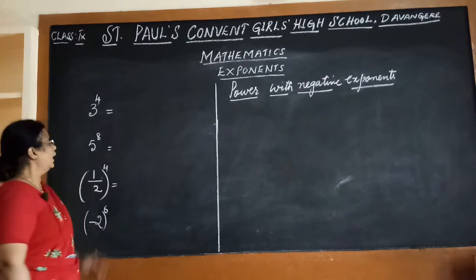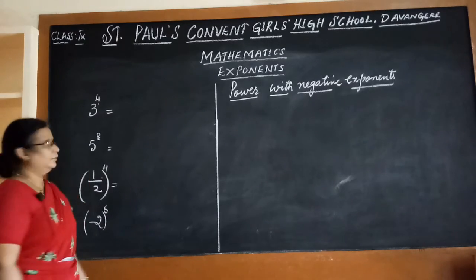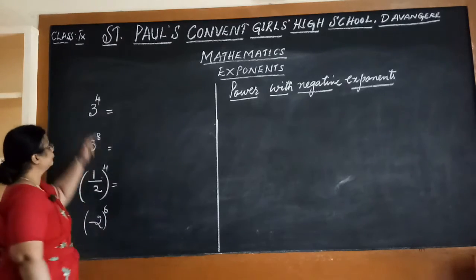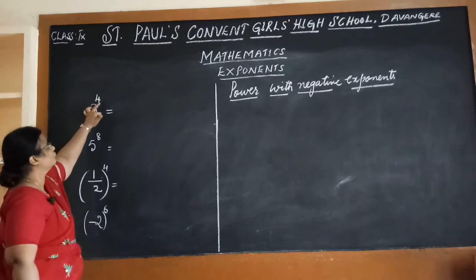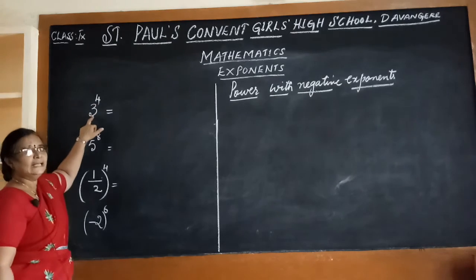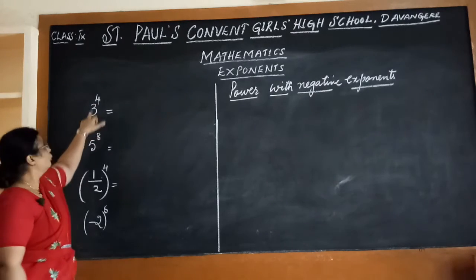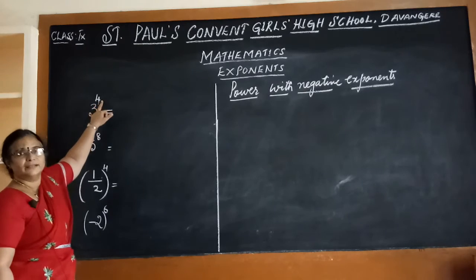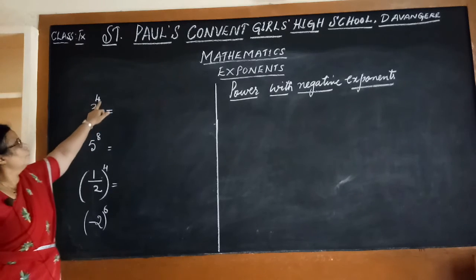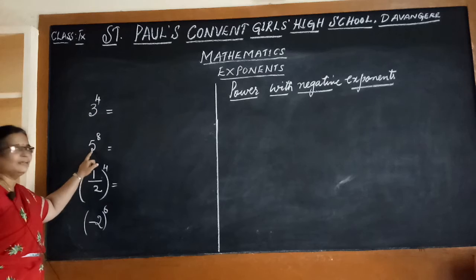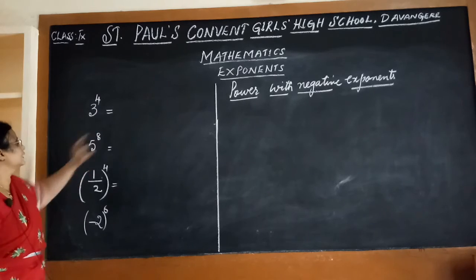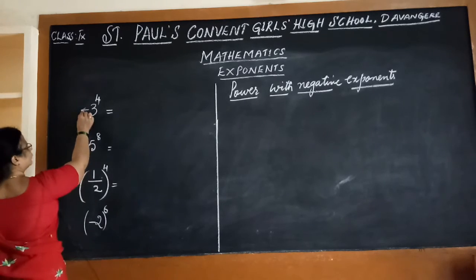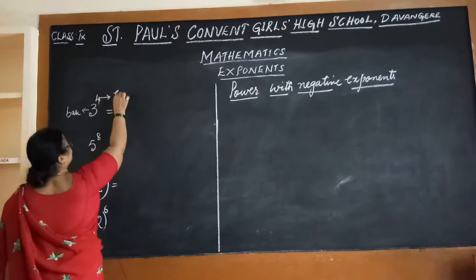Now let us see how to expand these exponents. Here we have 3 to the power of 4. What is this 3? 3 is the base, 4 is the exponent. 5 is the base, 8 is the exponent.